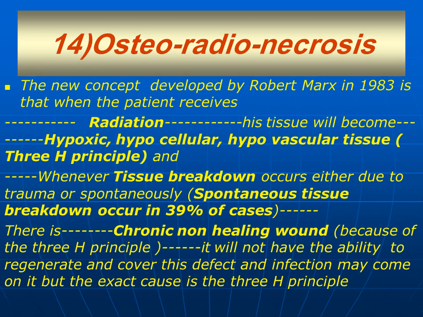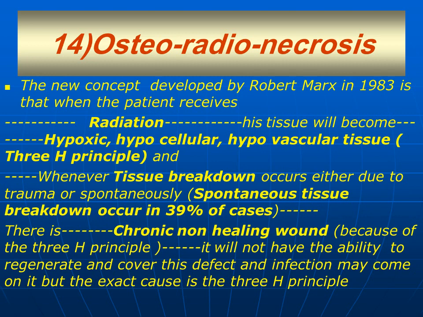The new concept developed by Robert Marks in 1983 is that when the patient receives radiation, his tissue will become hypoxic, hypocellular, hypovascular tissue. We call this the 3H principle.